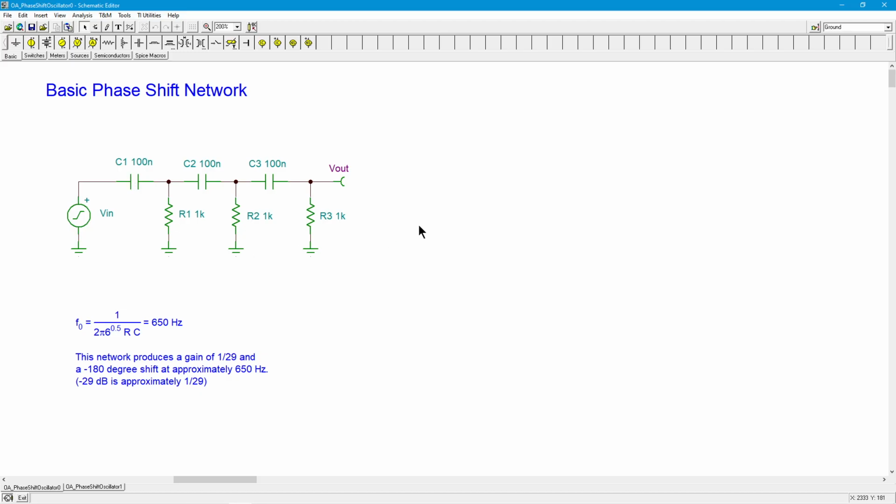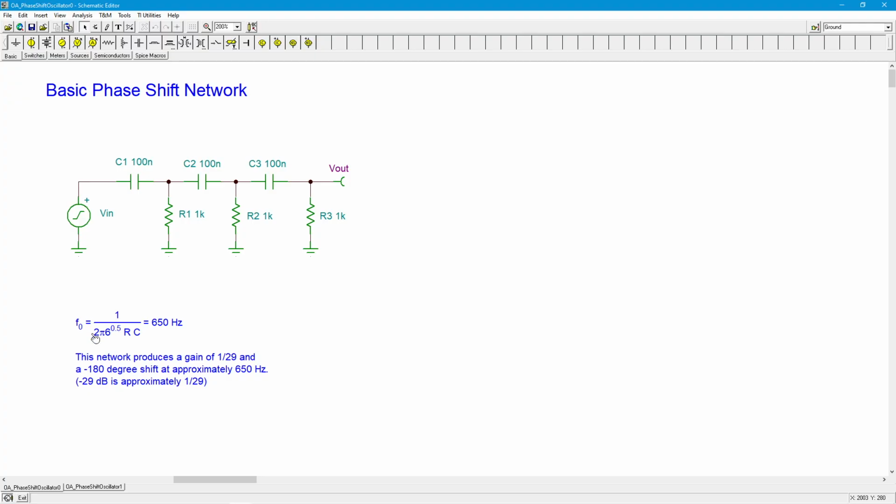Now, in the text, I have a proof of exactly how this all works out, and it boils down into this one formula. The proof is a little on the long side for a video, so I'm just going to give you the formula. And that is the resonant frequency, the oscillating frequency, is 1 over the quantity 2 pi times the square root of 6.